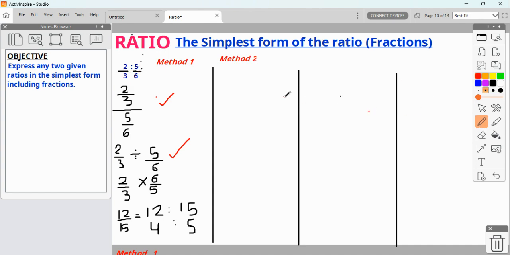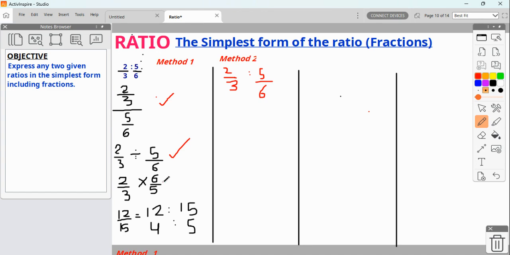So what they do, the fraction is given 2 by 3 ratio 5 by 6. So students, understand this concept that both the fractions are getting divided.